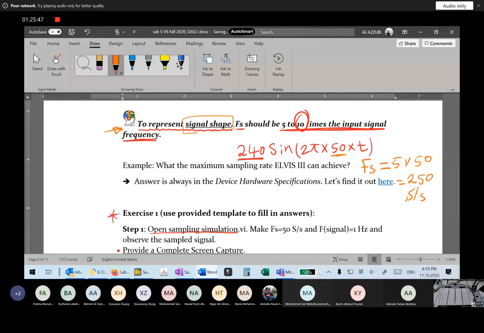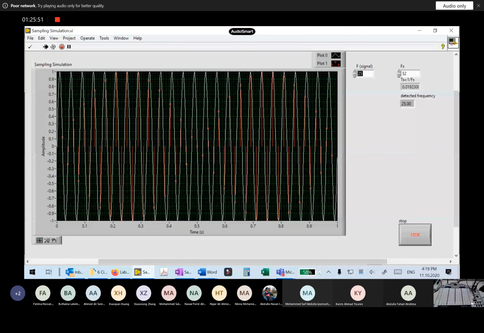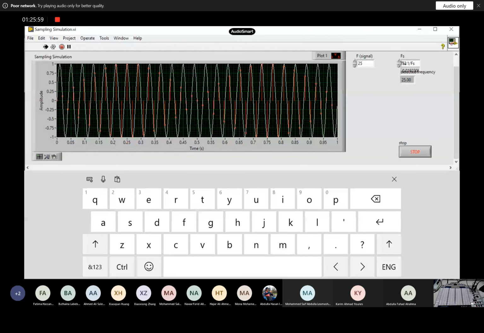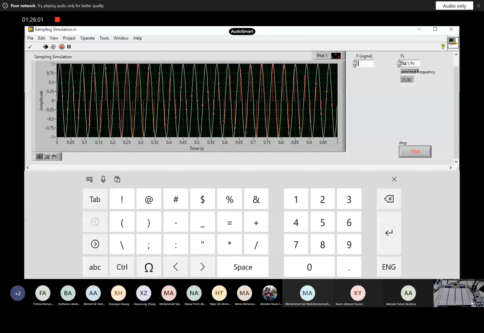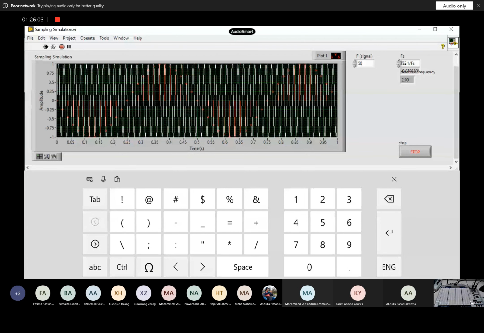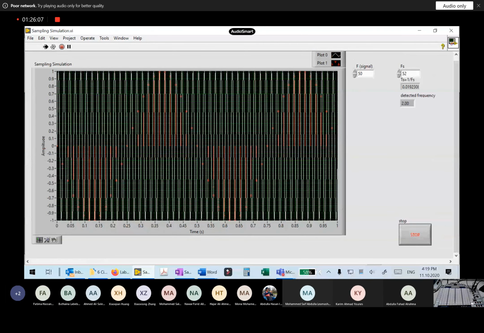We can try this. If I put the input signal as 50, come on, where's the keyboard? Hope this is 50. Okay, and I should put here the sampling as. Now what happens if I put it the same, 50-50?